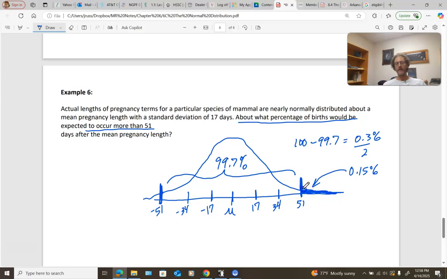And I would be willing to bet that the gestational terms in human females is normally distributed as well. Okay? Now, that can be a little problematic because doctors won't actually let you go beyond a certain number of weeks. And so there would actually be a cutoff there. Okay?